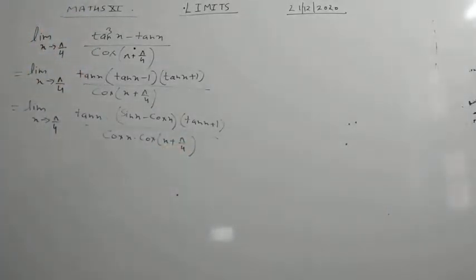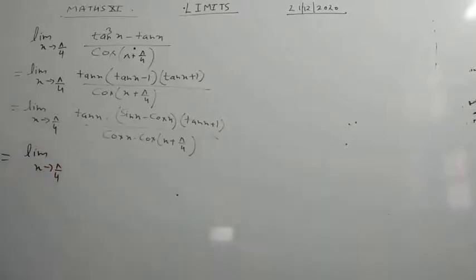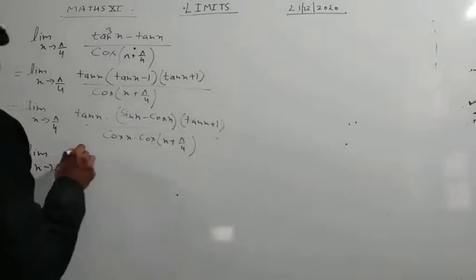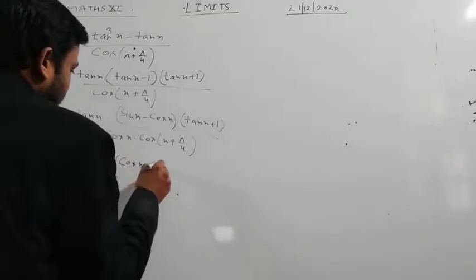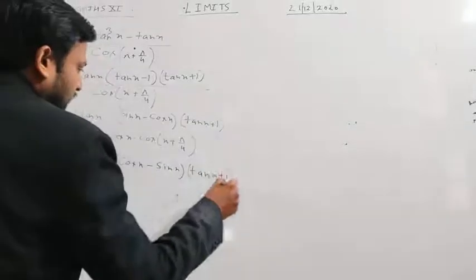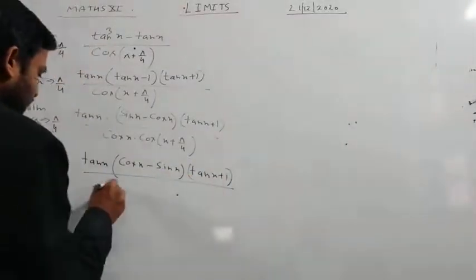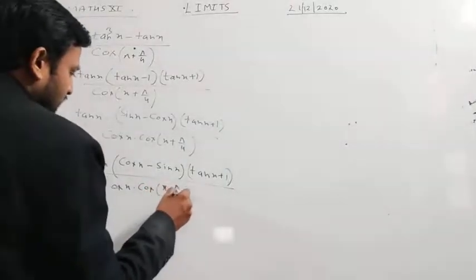Okay, now limit x tends to pi by 4. Now student, we are writing this taking the minus sign outside: tan x (cos x minus sin x)(tan x plus 1) by cos x cos (x plus pi by 4).